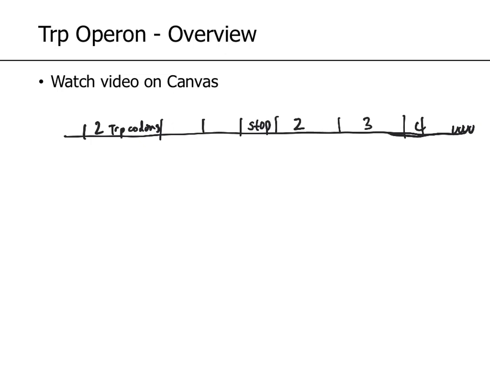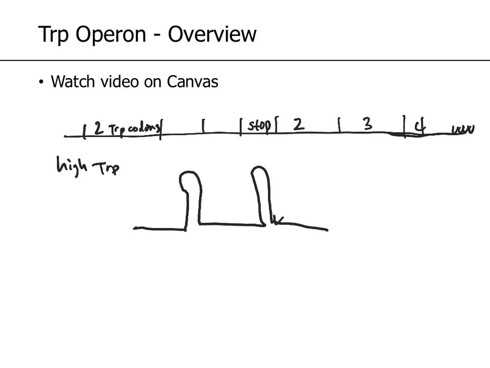So if you have high tryptophan, region 1 and 2 are going to bind to this hairpin, and that allows 3 and 4 to make this hairpin right here. And so this is your terminator. So we get no transcription.